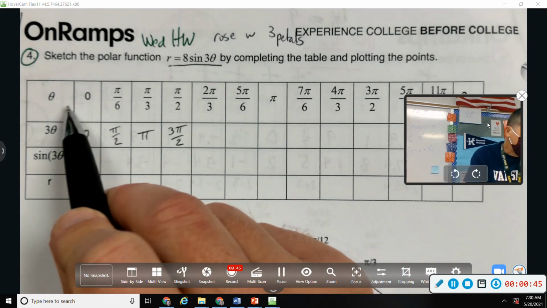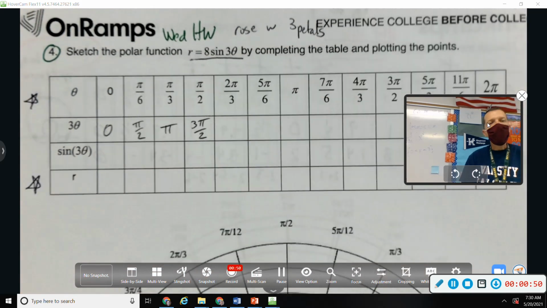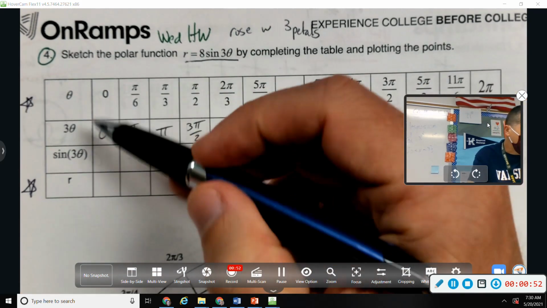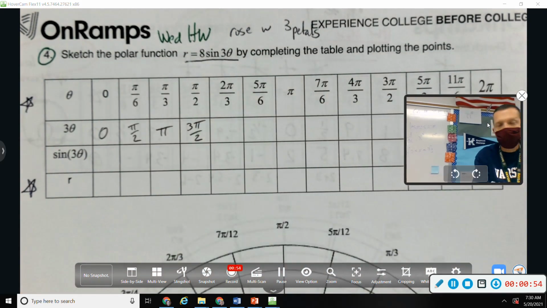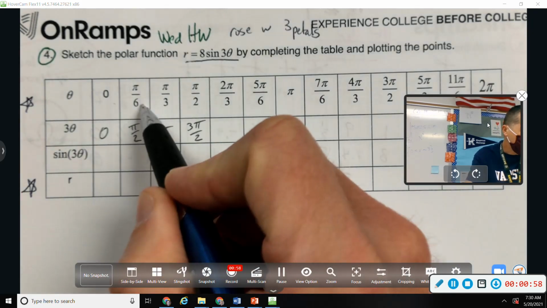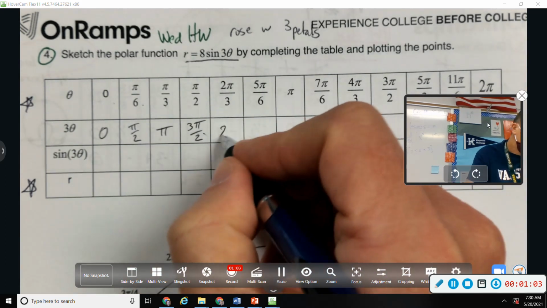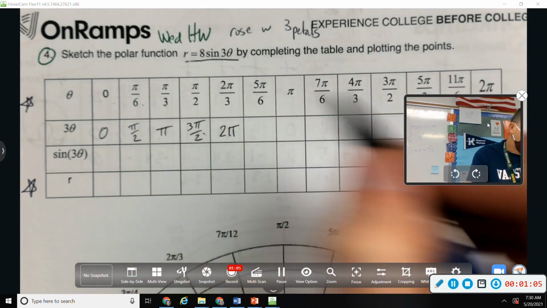Now let's get some details here. It lays out a table. What I need to graph is theta and r, but instead of just giving me theta and r, it's trying to walk me through the process. So 3 theta: 3 times 0, 3 times pi over 6, 3 times pi over 3, 3 times pi over 2, 3 times 2 pi over 3.